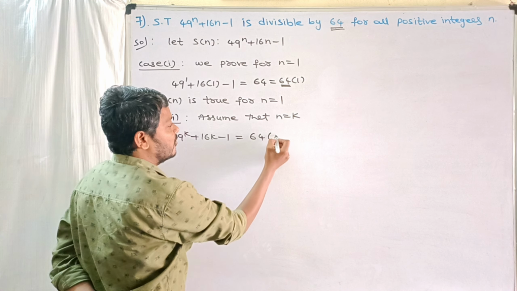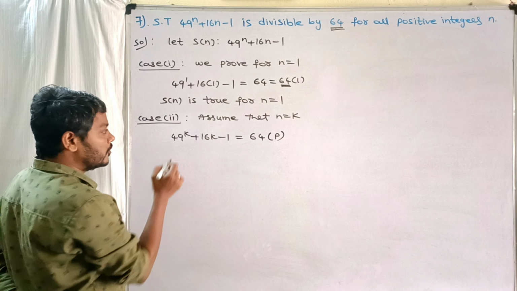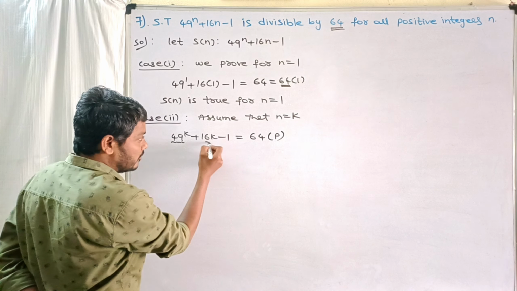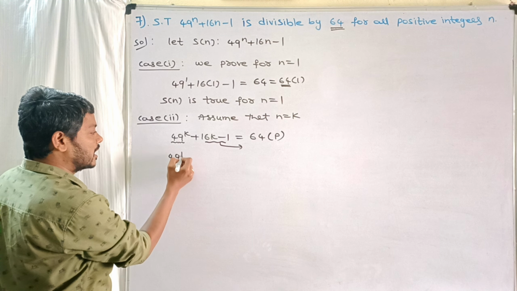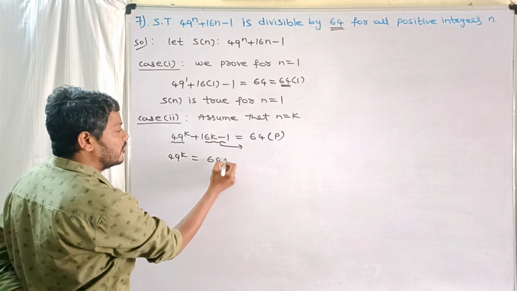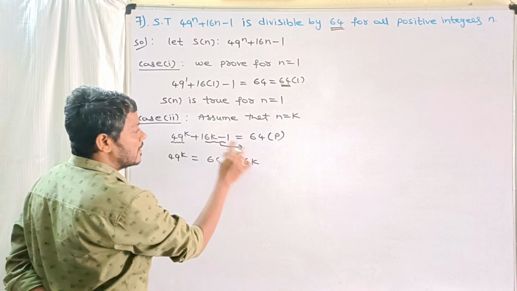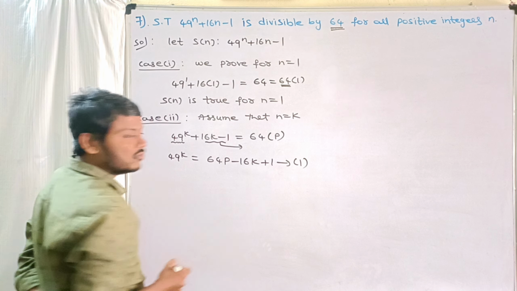So we can take it as 64 into some p. Now, in divisible problems we should always write the first value and send the remaining to the right-hand side. That is 49 power k equals 64p minus 16k plus 1. This is equation 1.